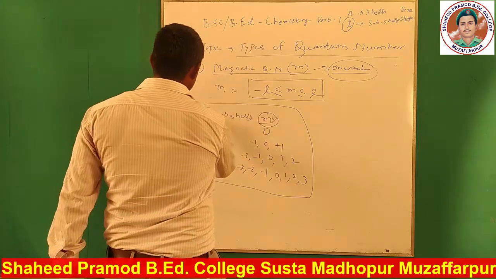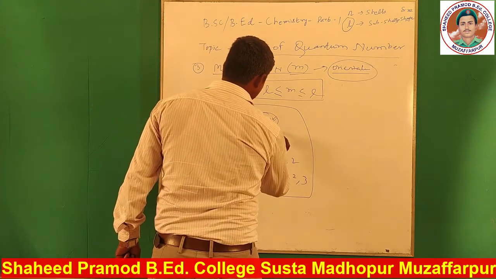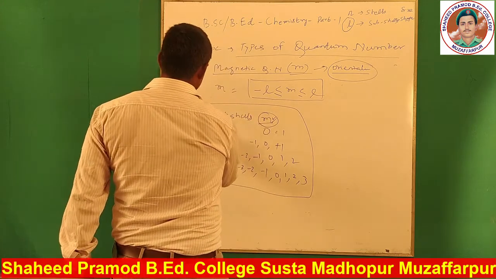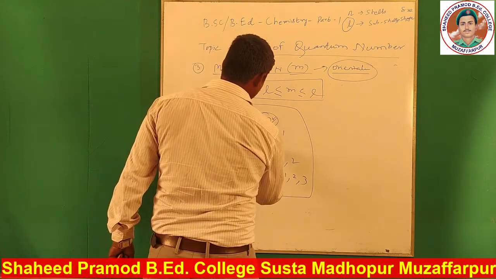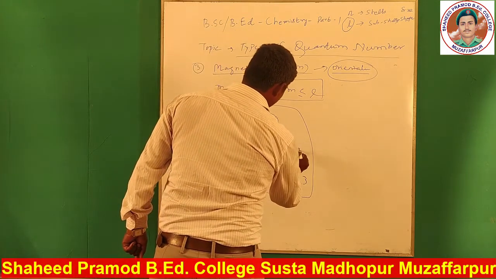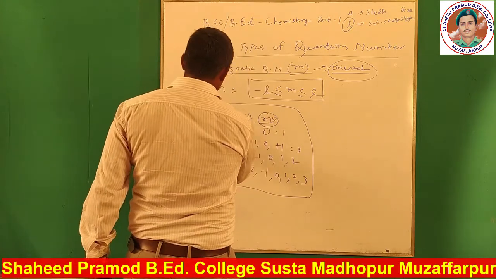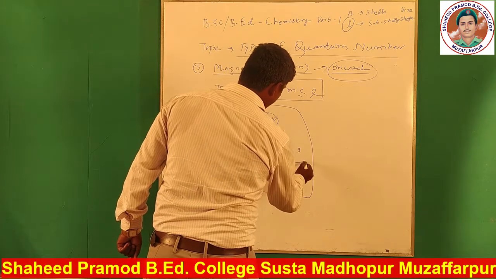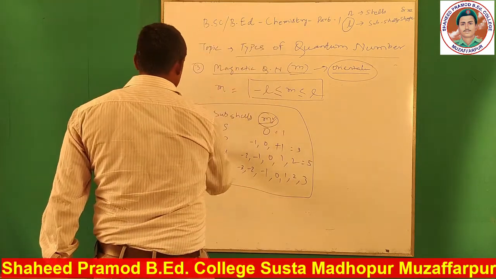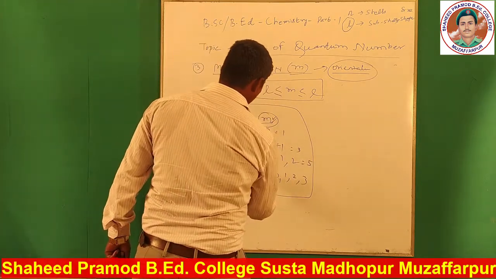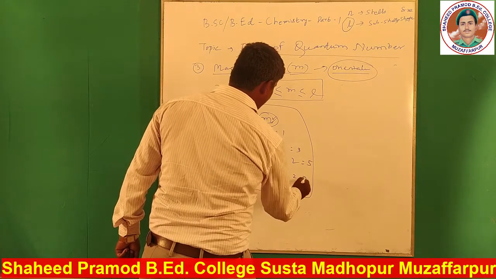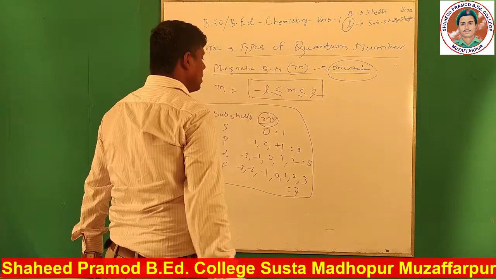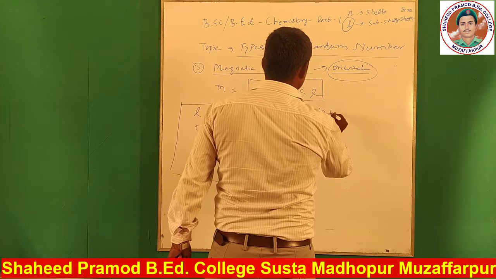For L equal to 0, the number of M is 1. For L equal to 1, it is 3. For L equal to 2, it is 5. And for L equal to 3, it is 7.